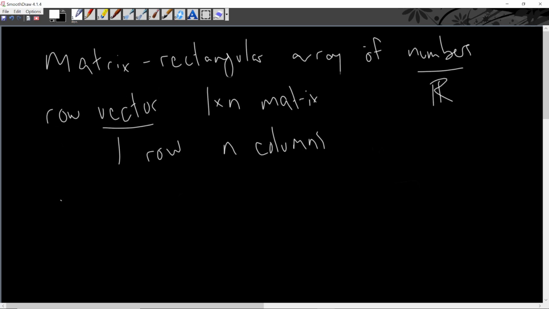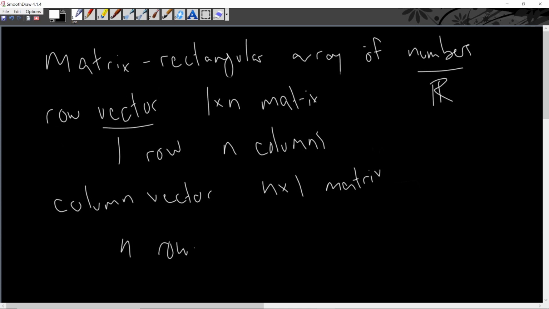And we can also say that a column vector is an n by 1 matrix. So this will be n number of rows in one column.